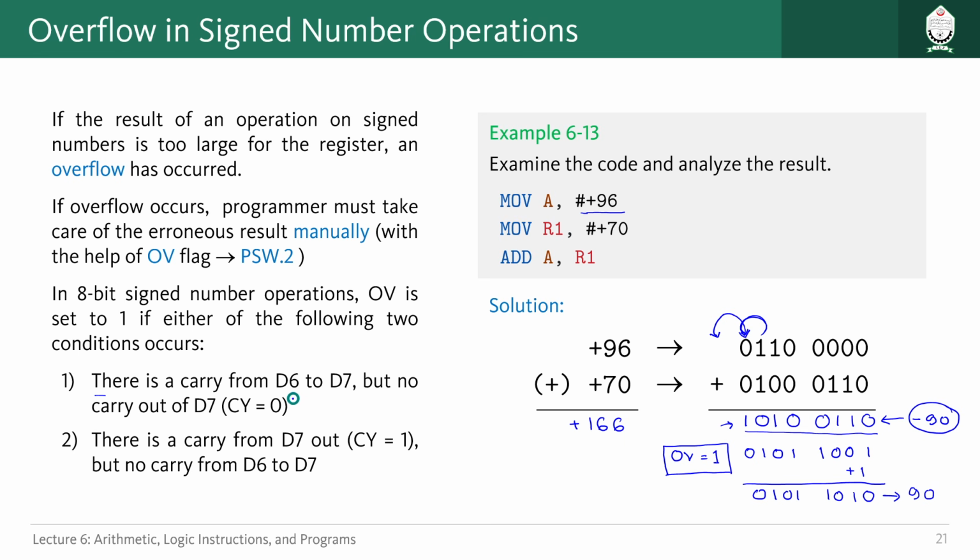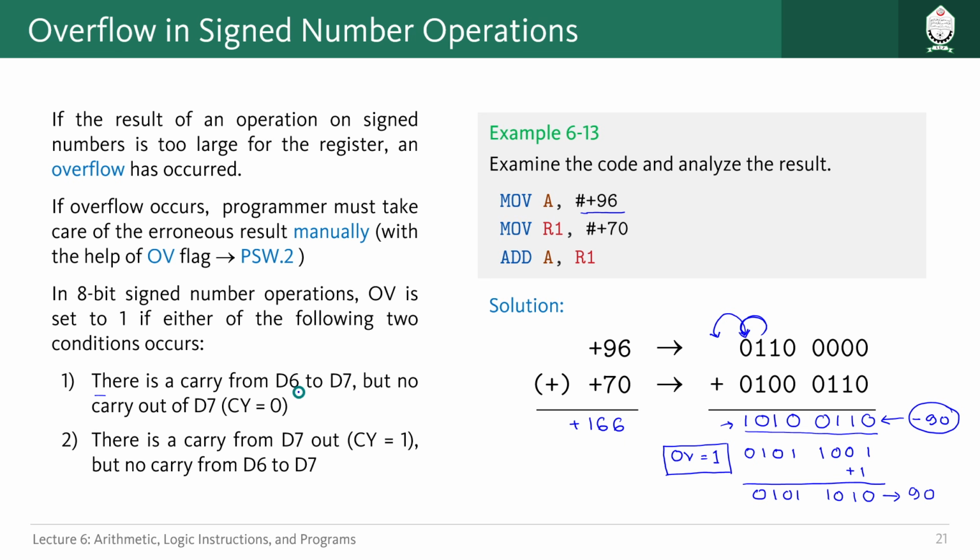Last thing you have to understand: if both of the things happen, let's say in some calculation a carry from D6 to D7 happened and also a carry from D7 to out happened, which triggered the carry flag to be set, then the overflow flag should be 0, not 1. So, four conditions. If there is no carry, the overflow flag should be 0.